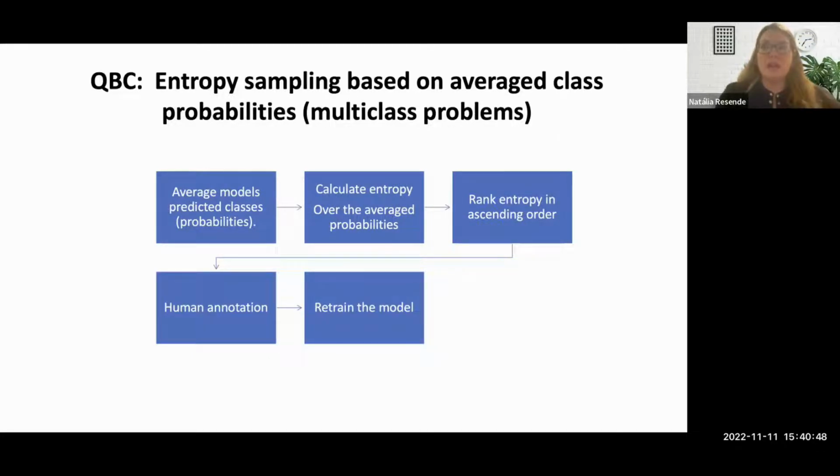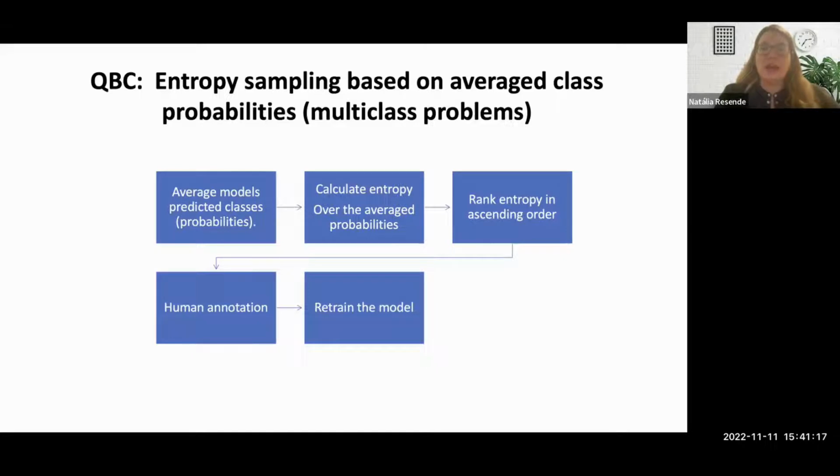And after that, we are going to get one entropy score associated with each instance. Then we are going to have a pool, like a data set, with the instances and the entropy score associated with each instance. And then we can rank order this collection of entropy scores.